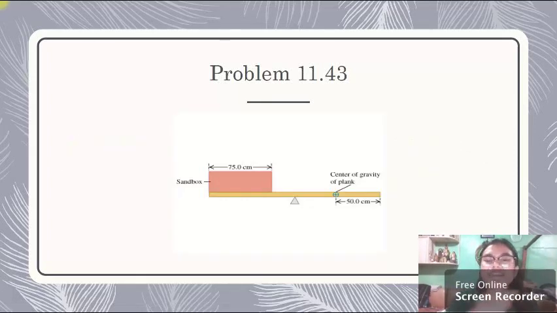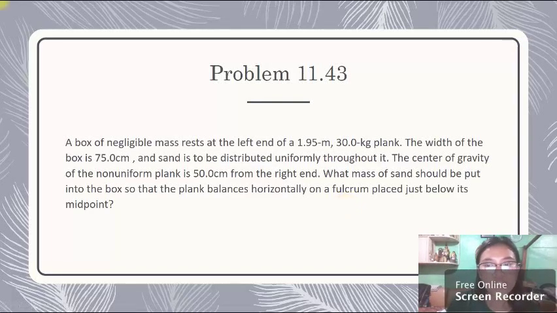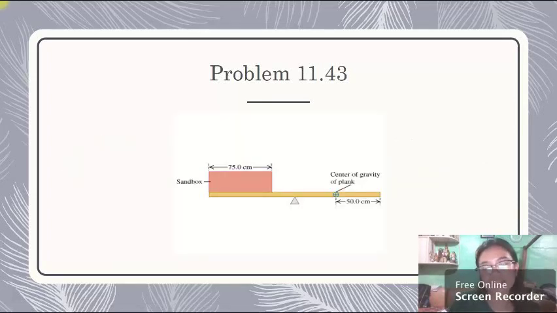So this is the illustration of the problem. So here we have a sand box which has a length of 75 centimeters, and here is the length of the non-uniform plank from the right end, which is 50 centimeters.